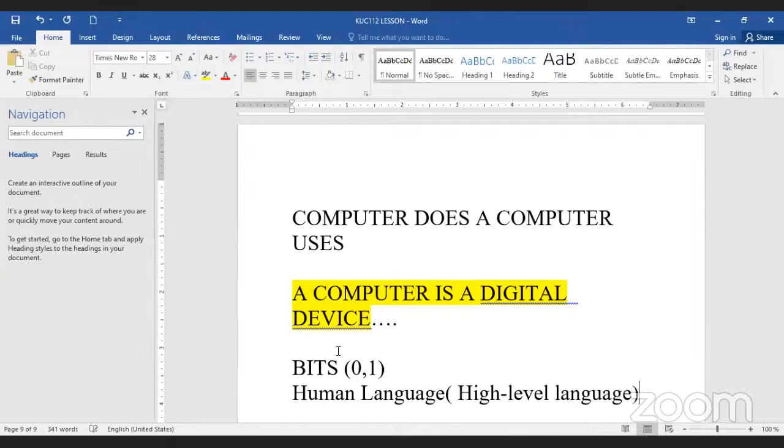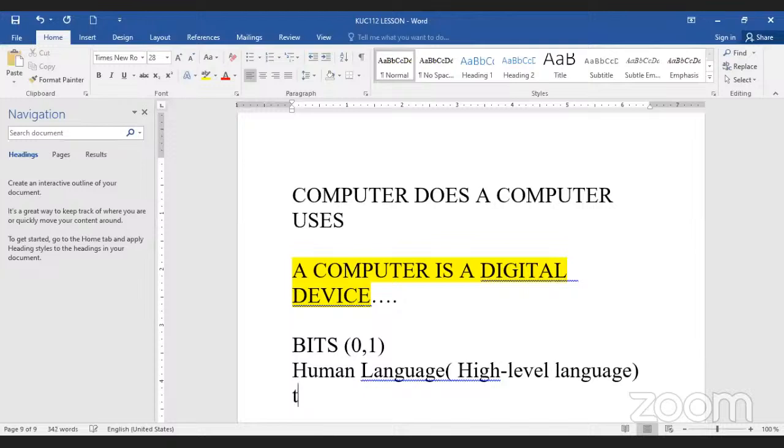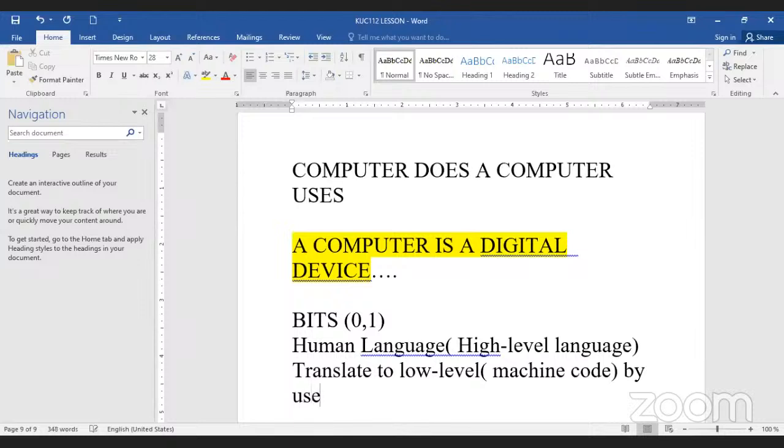It means that a computer needs to translate to low level language, or what we call machine code, for the computer to understand, by the use of an interpreter.